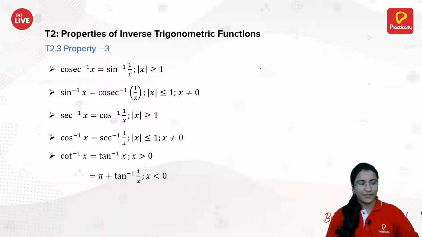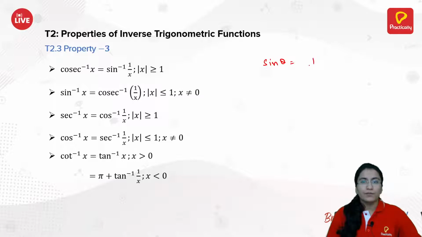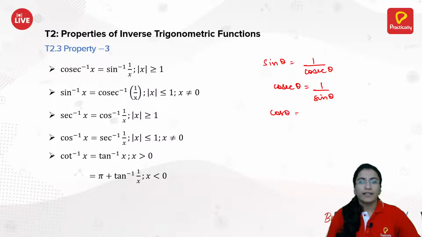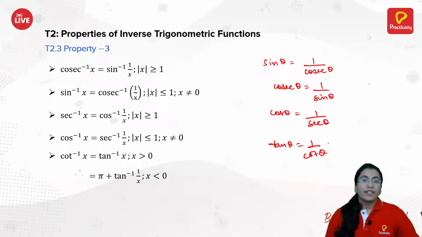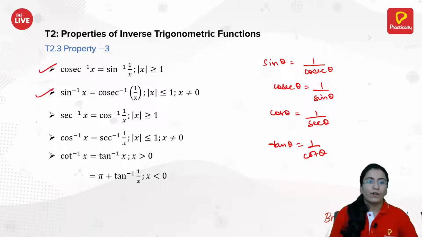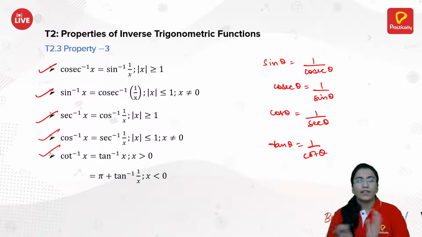You know, sine of theta equals 1 by cosecant theta, or you can write it in reverse, cosecant of theta equals 1 by sine theta, or cos theta equals 1 by secant theta, or you can write even the reverse of it. And similarly you can write tan theta equals 1 by cot theta. Using these properties, you can easily write all these, one in terms of another.